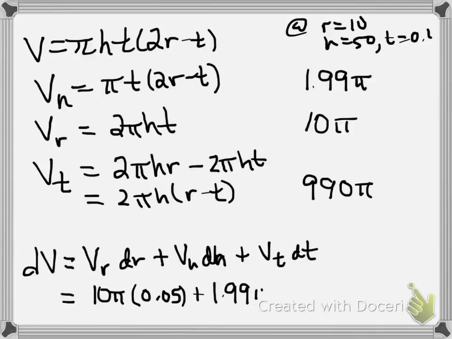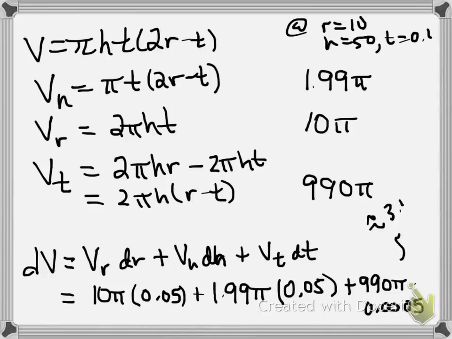Then we'll put down the V_h. Also the maximum error in the height is 0.05 centimeters, so we'll put that in there. And now we'll bring in our V_t, 990 pi, and then we've got 0.0005 centimeters. And so calculate this out, you get a maximum error in the volume of approximately 3.44 cubic centimeters.